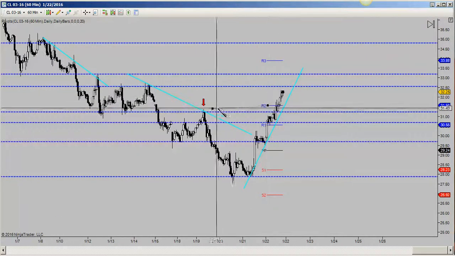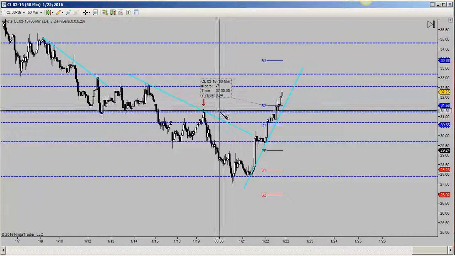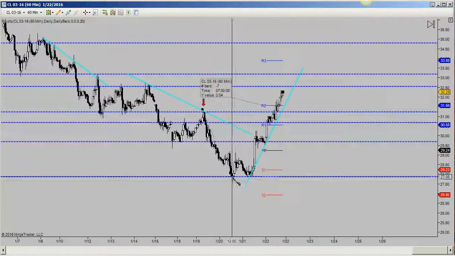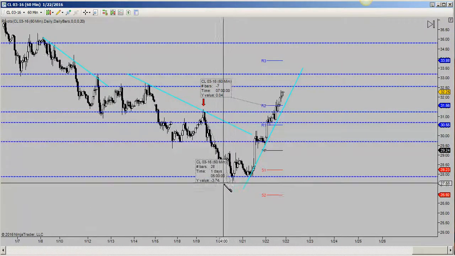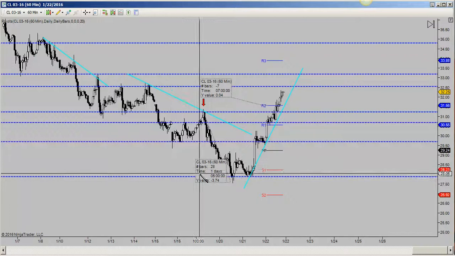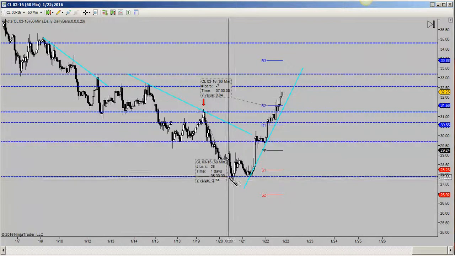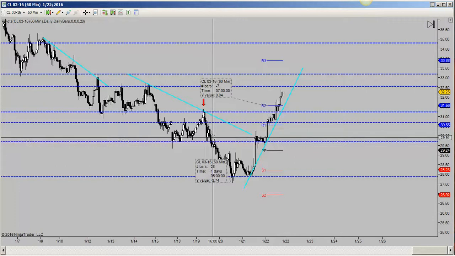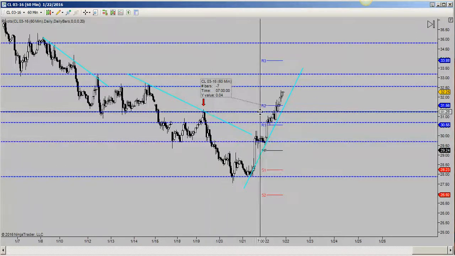That would have been a $3.74 move, which is $3,740 if you captured that whole move.